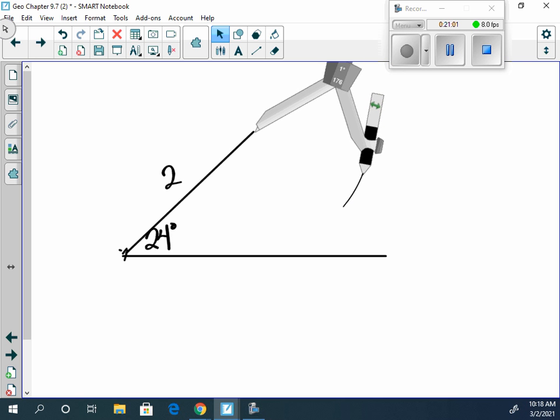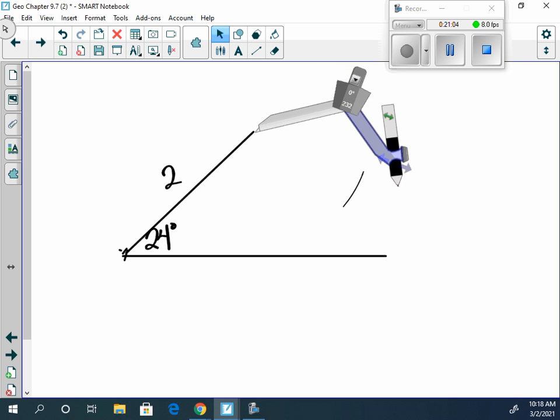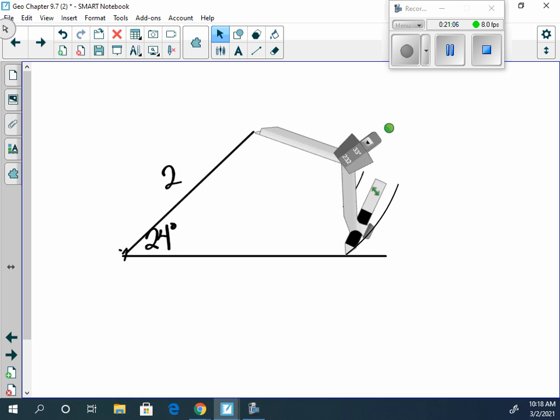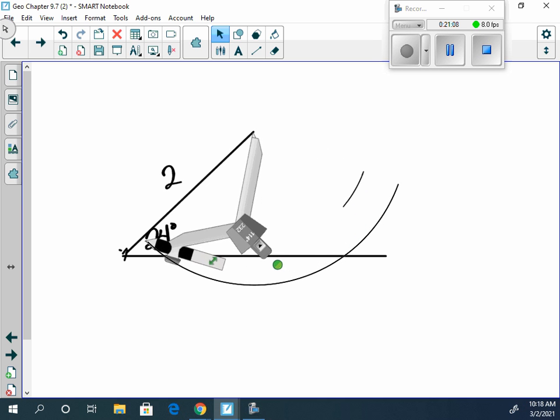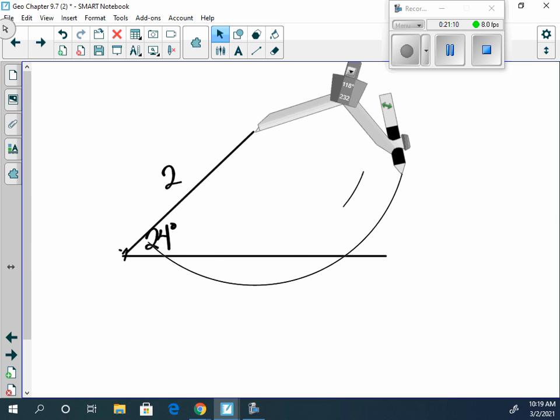So what we can have is this here. Make it a little bit bigger. We can have triangles like this here.